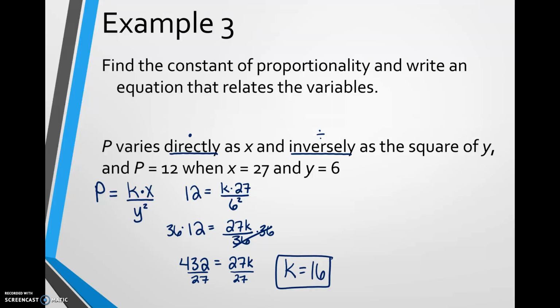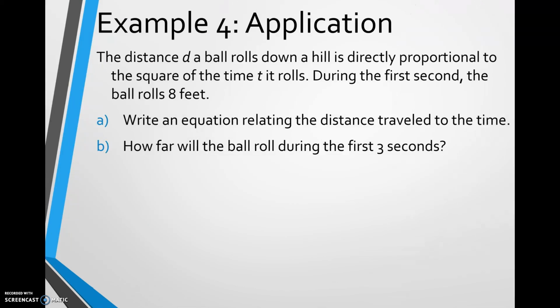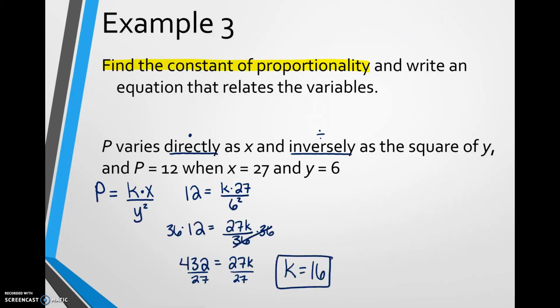Now, one more time. That is the first part of your answer. We still need the second part of the answer. The second part of the answer is write an equation that relates the variables.